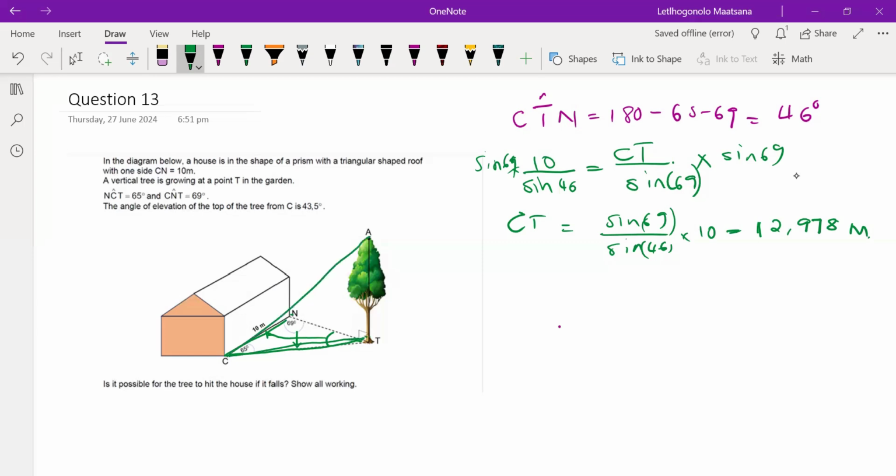That would allow us to get AT because we will just use our trig ratio. We know that angle over there, which is 43.5. So we have this side, which is our adjacent. We're looking for the opposite. We're going to use tan because it possesses both of them.